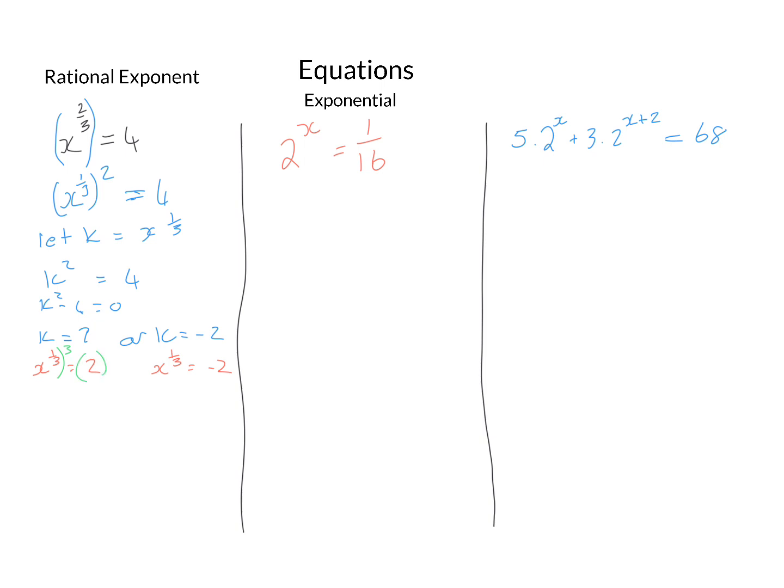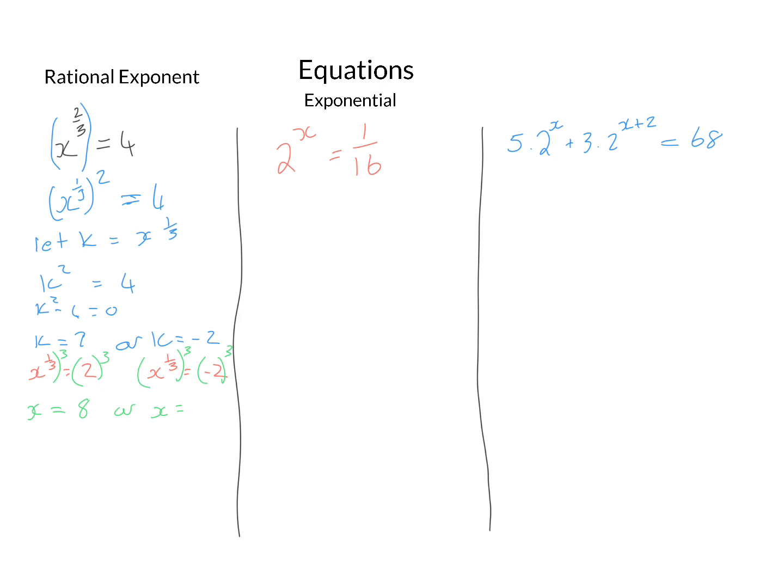We cube both sides and I end up with x equal to 2 cubed, which is 8, or x equal to minus 2 cubed. So it's 8, but because of the negative, it's negative 8.